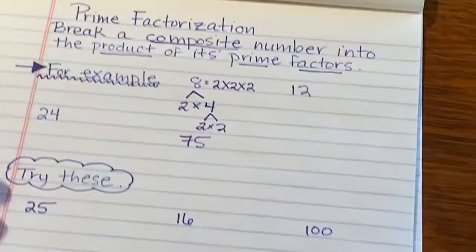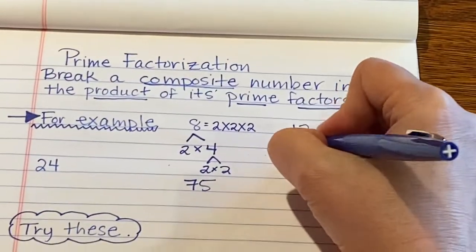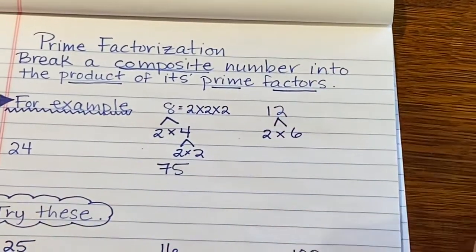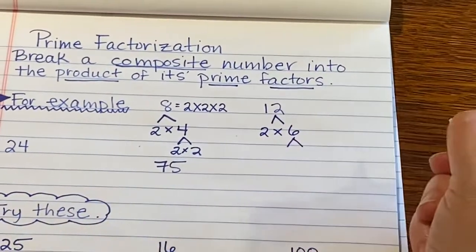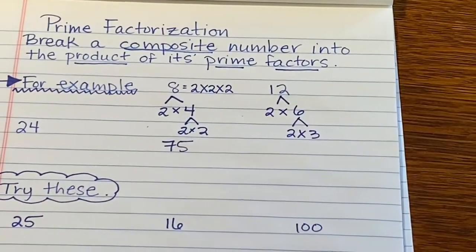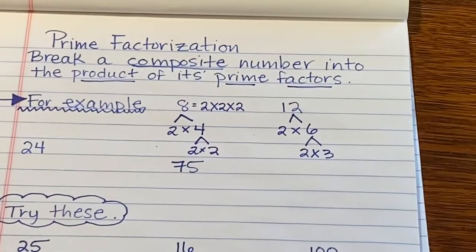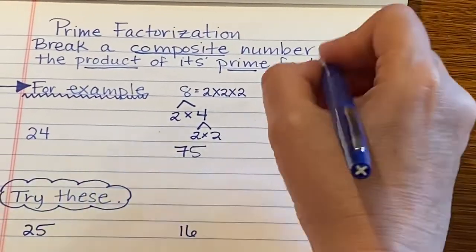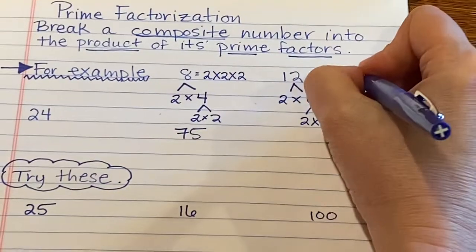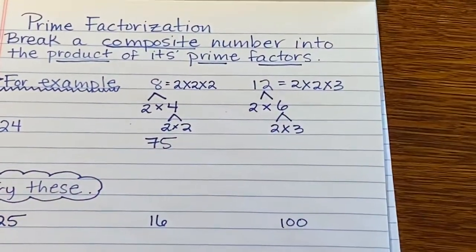All right, let's do 12. Well, 2 times 6. 6 can then be broken down into 2 times 3. Can I go any farther? Nope, that's it. So the prime factorization for 12 is 2 times 2 times 3.